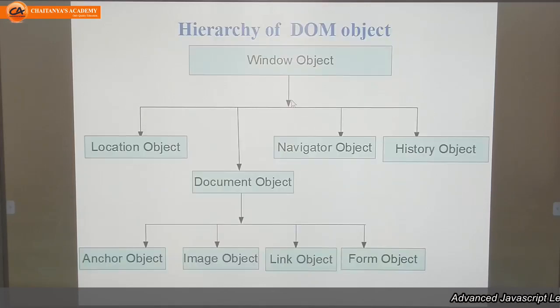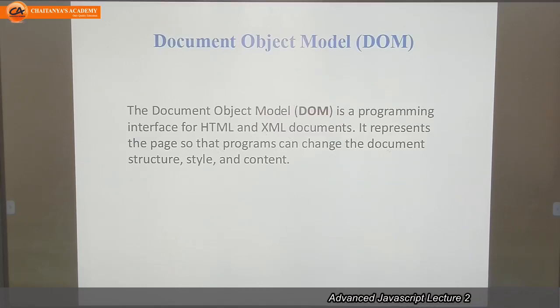Next, the document object model. When our HTML is loaded into the web browser, meaning whenever we are executing our program, we open our web browser and then we open our file.